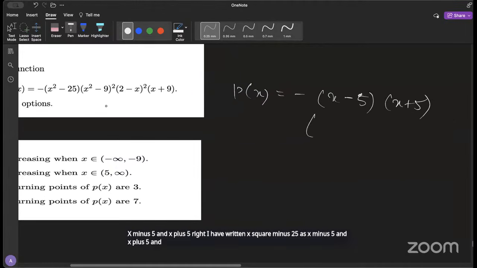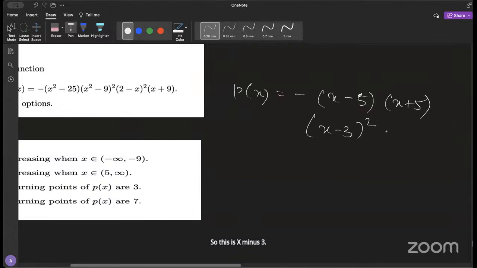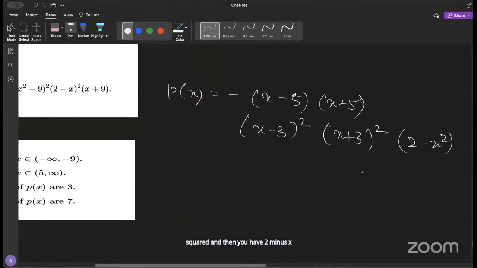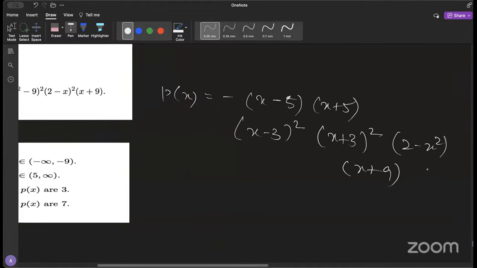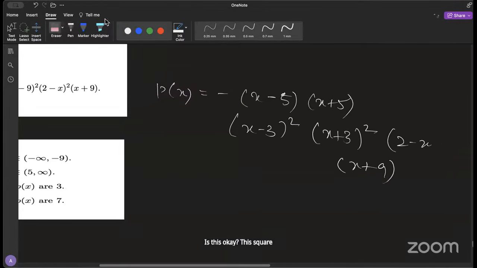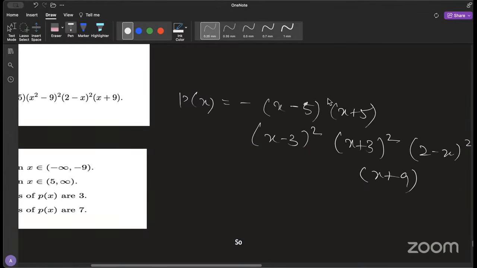And then you have x squared minus 9, so this is x minus 3 squared, x plus 3 squared. And then you have 2 minus x squared, and then we have x plus 9. This square is outside. So now we have linear factors and their powers. We have written p of x in terms of linear factors and their powers.